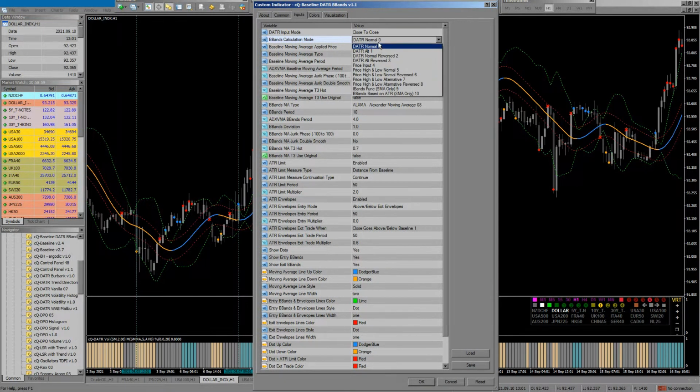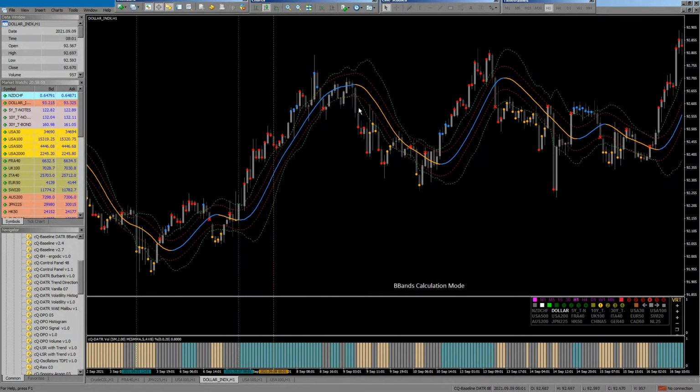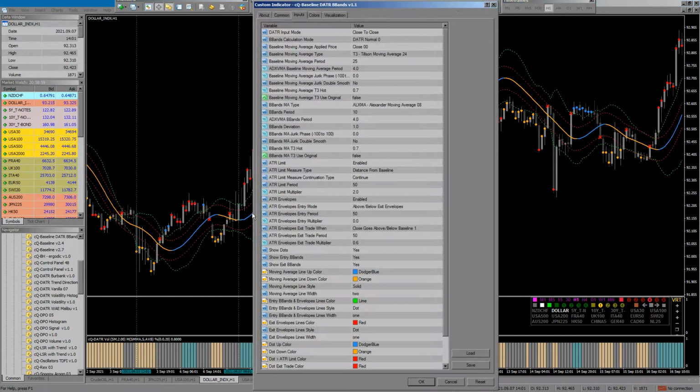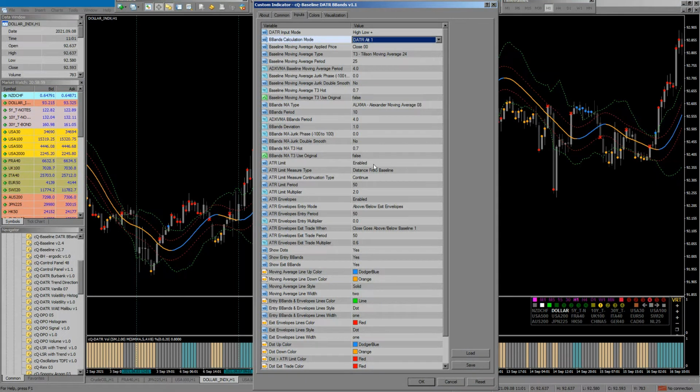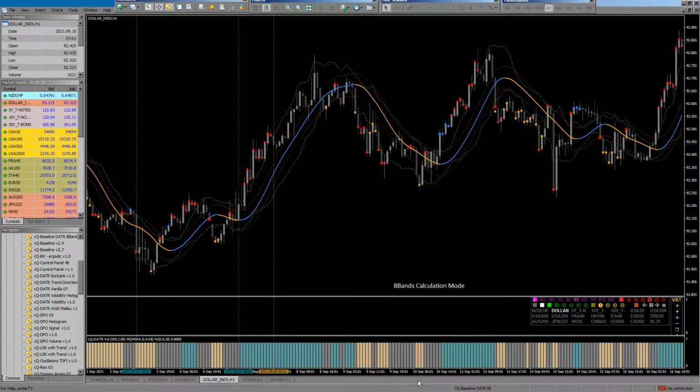Here we'll show you what this is. This is for just this particular setting. This is what it looks like. And you can change these, for example, for a slightly different response. There's also an alternative way of calculating B-bands.